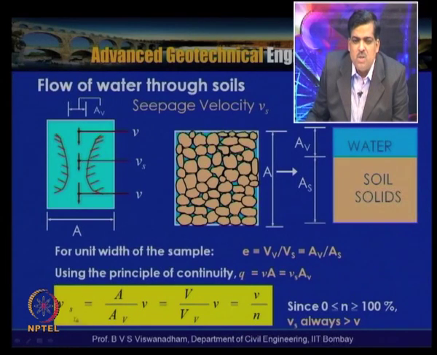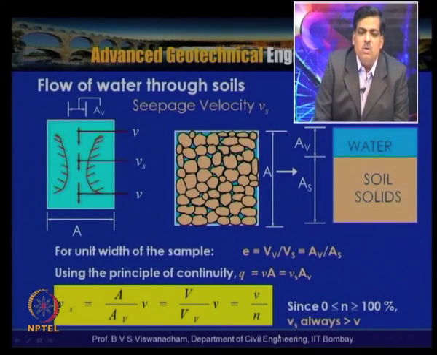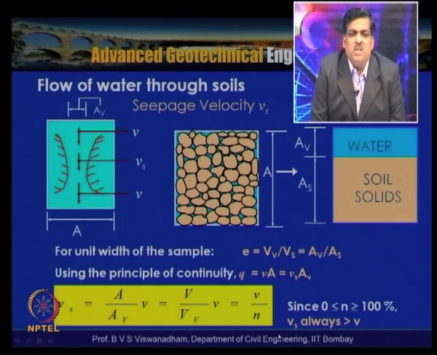So by using this, Vs is equal to A by Av into V, and for a unit width of the sample this is the total volume by the volume of voids, which, from the definition of porosity, gives Vs is equal to V by n. So the seepage velocity is nothing but 1 by n times the discharge velocity.